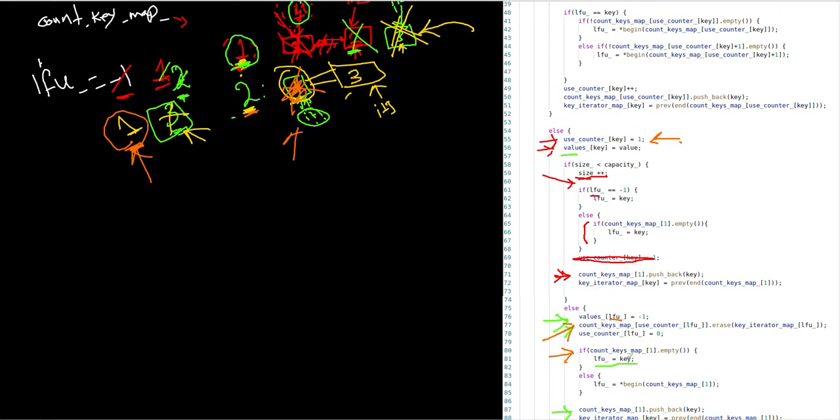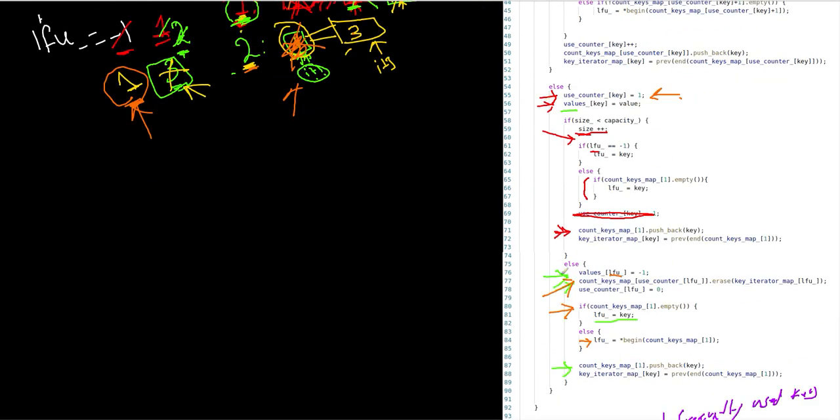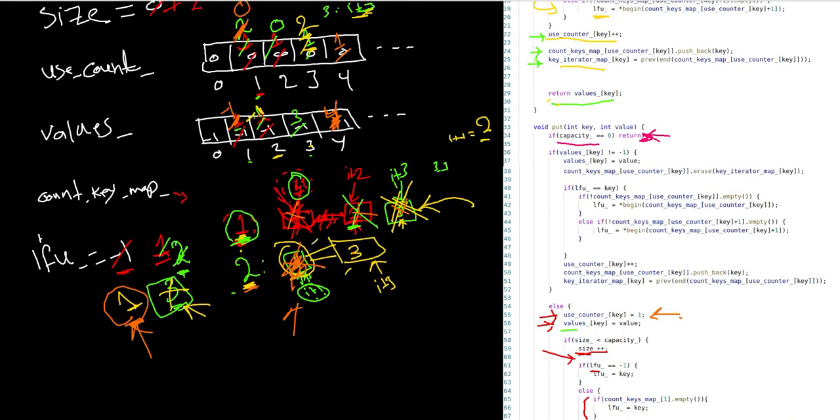If it's not empty, then that means we can take the new LFU from there. If it's empty, we need to go to this line. So 1 here, it's empty since all of these are removed, and that means the LFU is equal to the key, because we just inserted the key 4, and so LFU is 4.